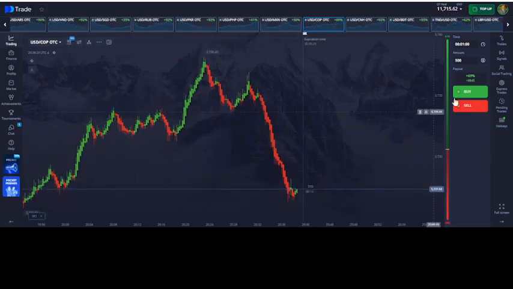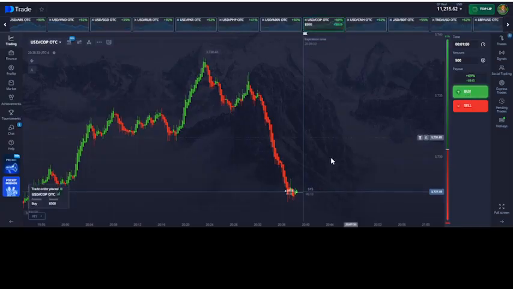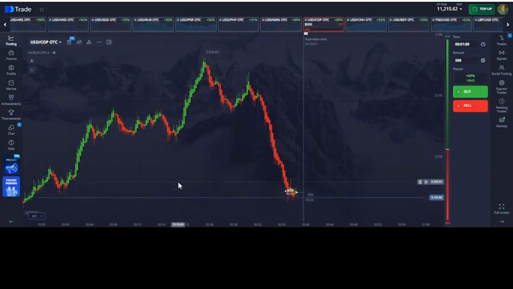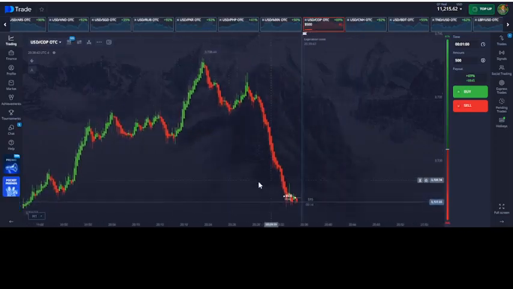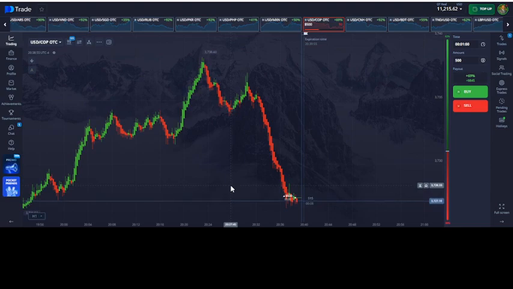Then I'm going to go ahead. Okay. So I just took a buy trade at this level, waited for those Heikin Ashi candles to print, signifying a bullish reversal from this support level over the next 60 seconds. So let's monitor this trade and wait for the expiration at the end of the 60 seconds.